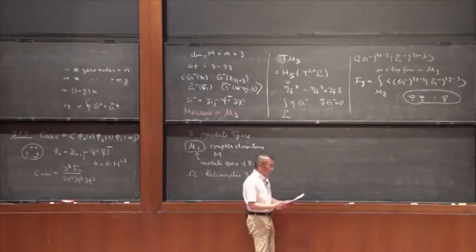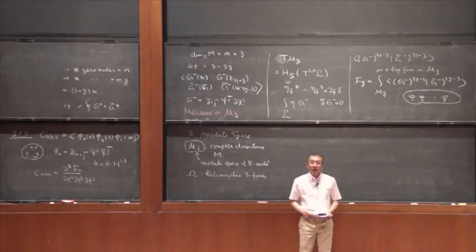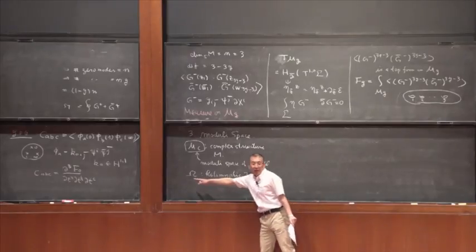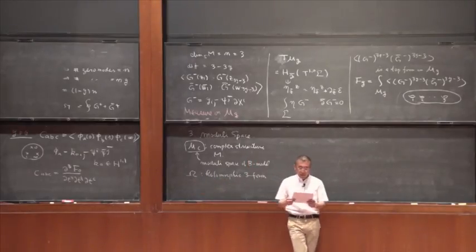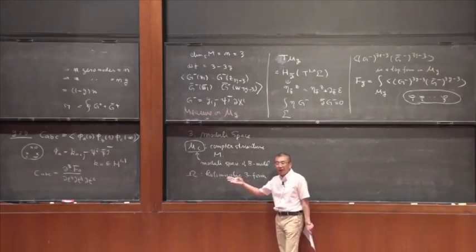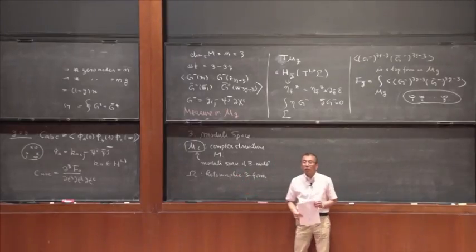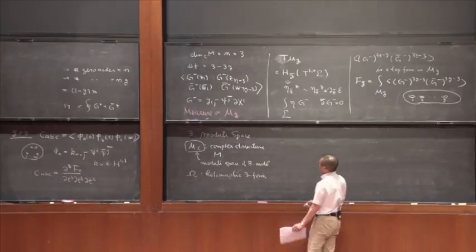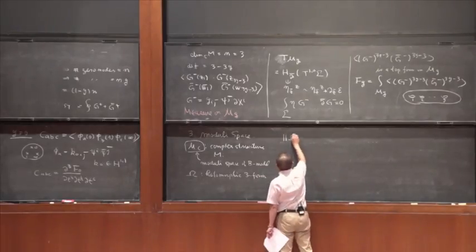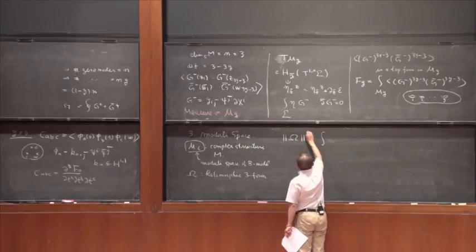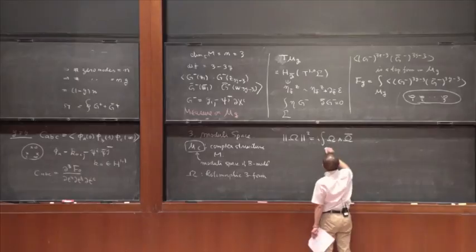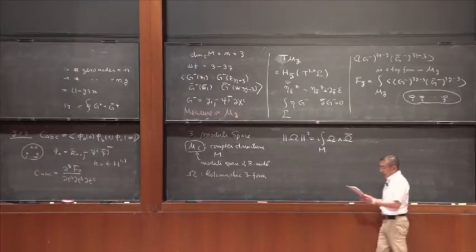So this indicates that there is a natural line bundle over the moduli space of complex structure of the Calabi-Yau dictated by the holomorphic 3-form. In fact, this turned out to be, in mathematical language, a sub-bundle of what is called the Hodge bundle. And there is a natural metric for this line bundle, which is given by the integral of omega wedge omega bar integrated over the Calabi-Yau manifold.